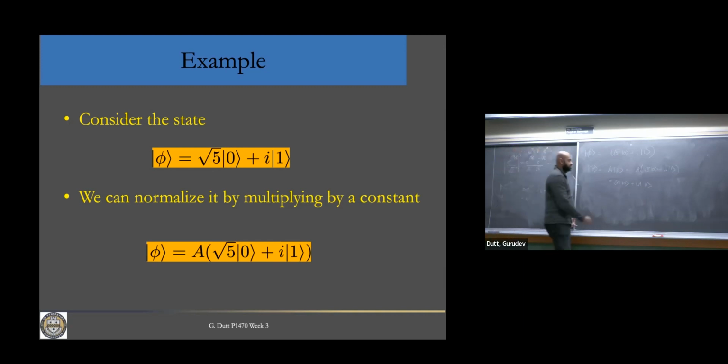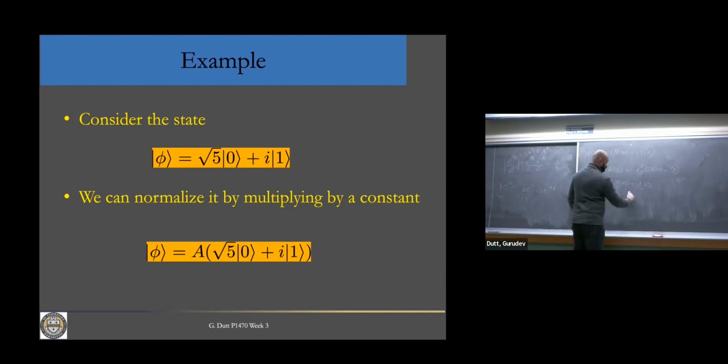Now to normalize this, I'm going to demand that the norm squared of this and this must sum to 1. The norm squared of this, I'll sometimes say mod squared instead of norm squared, is 5A squared. By the way, we always require this A to be real. We're not going to multiply by yet another complex number.